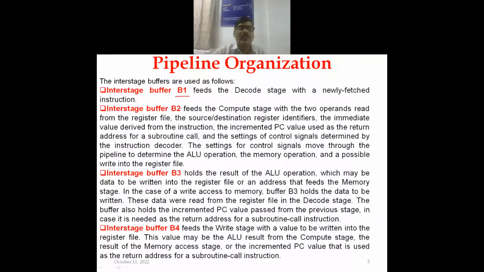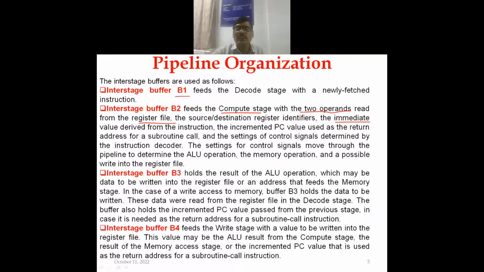Another interstage buffer, B2, is used between the decode and compute stages. The compute stage requires two operands, which are read from the register file. The source and destination register identifiers are immediate values derived from the instruction, along with the incremented PC value, which is used as the return address for a subroutine call.